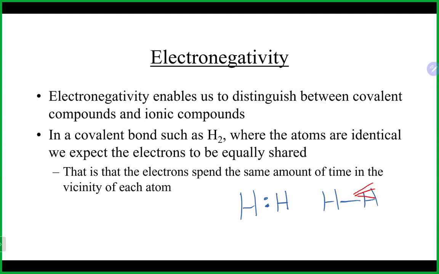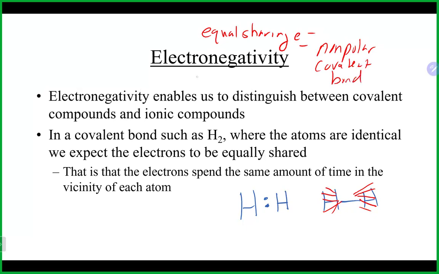So if this red is the electron density and how it's being shared, it will be shared really equally between them. And what that means is, ultimately, this type of bond where you have equal sharing of electrons is known as a nonpolar covalent bond.